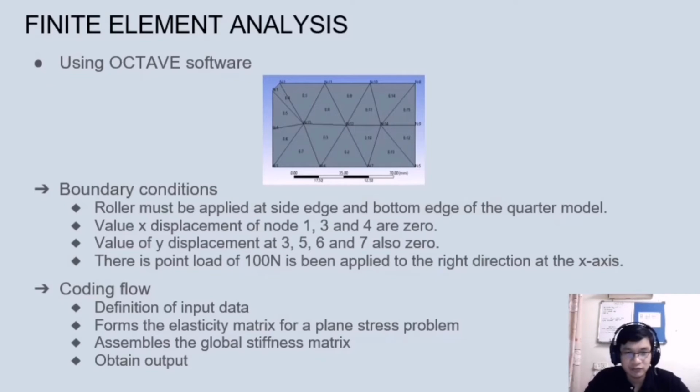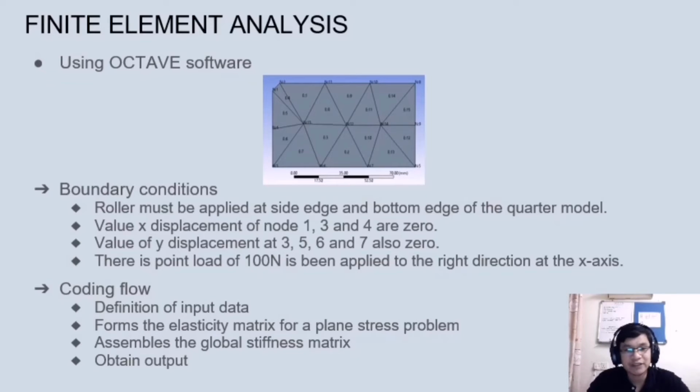For the coding flow, first of all, we need to define all the input data that we require from the ANSYS software. We need nodal coordinates, number of elements, and all the boundary conditions.